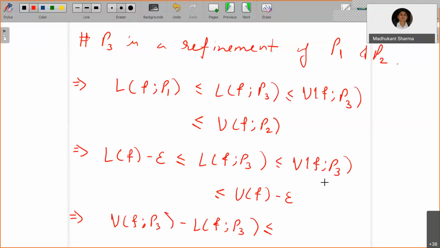This minus this is less than or equal to this minus this, which you can prove. So this is U of f minus L of f.